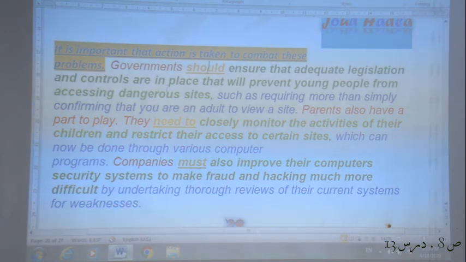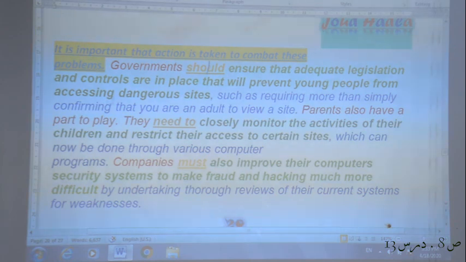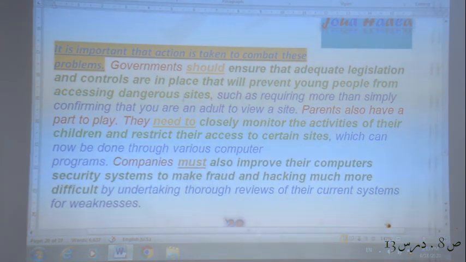and controls are in place that will prevent young people, youngsters, teenagers from accessing, from getting dangerous sites, from viewing dangerous sites, such as, here we are writing about how this can happen, such as requiring more than simply confirming that you are an adult to view a site. Now, parents also have a part to play. Parents also have a part to play.